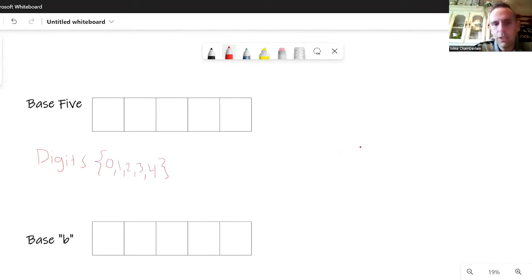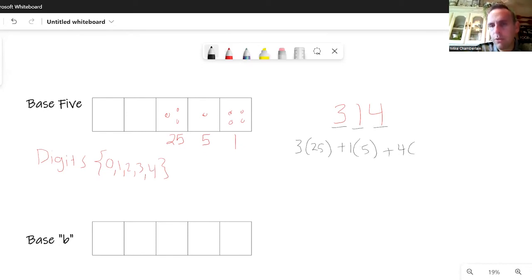So if I were to use those digits to write a number, for example, if I wrote 3, 1, 4, I would be saying it's 3, 1, and 4, but then I would have to determine 3 what, 1 what, 4 what. So in base 5, this is the ones place, this is the fives place, this is the 5 times 5, 25s place. So the reality is the value of the number, I'd have 3 of the 25s, I'd have 1 of the 5s, and I'd have 4 of the ones.